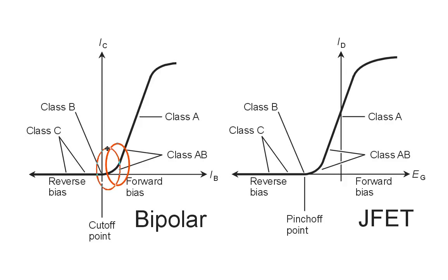In the case of Class AB2, however, during somewhat less than half of the cycle, but a small part of the cycle, the device is actually cut off or pinched off. So as the signal alternates, we get a situation where during somewhat less than half of the cycle, that's Class AB2, the device is cut off.